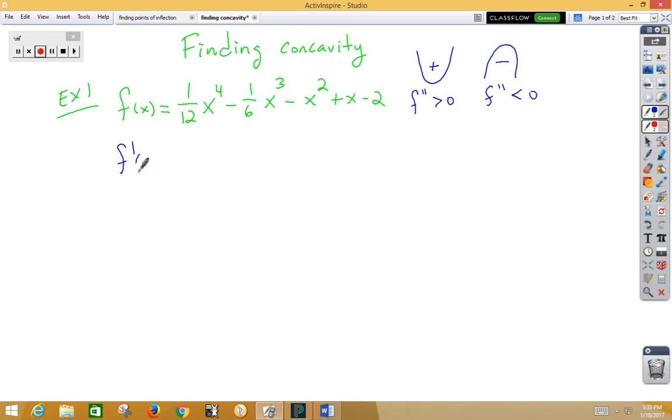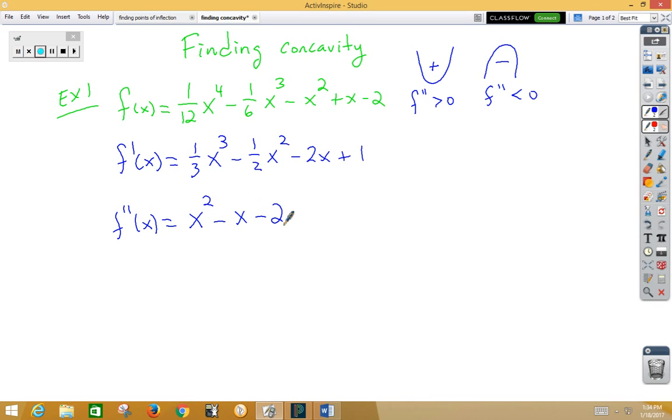In order to do that, we have to find first derivatives first. So our first derivative here would be 1/3 x cubed minus 1/2 x squared minus 2x plus 1. Our second derivative would then be x squared minus x minus 2.